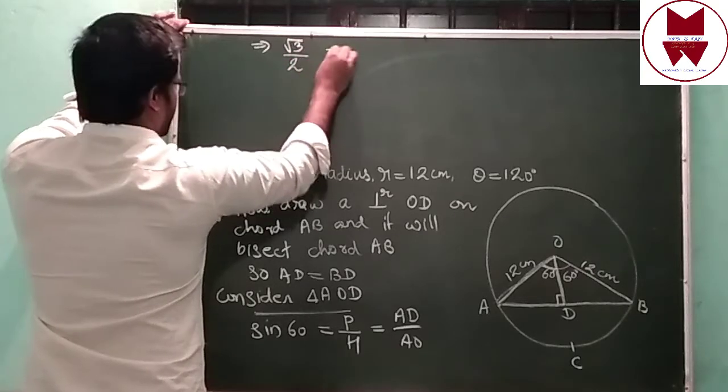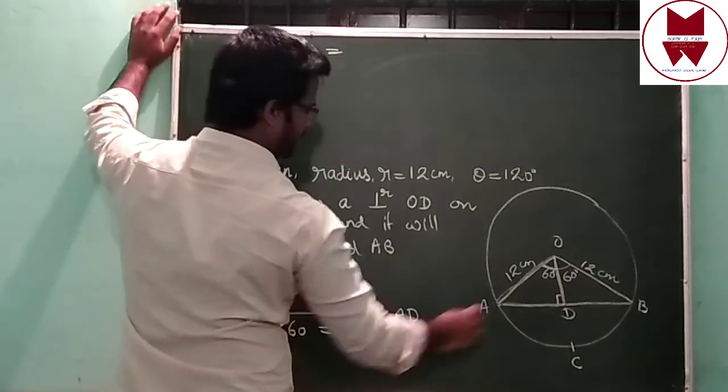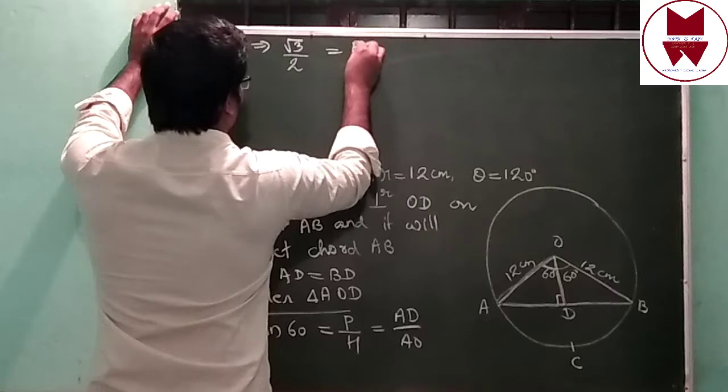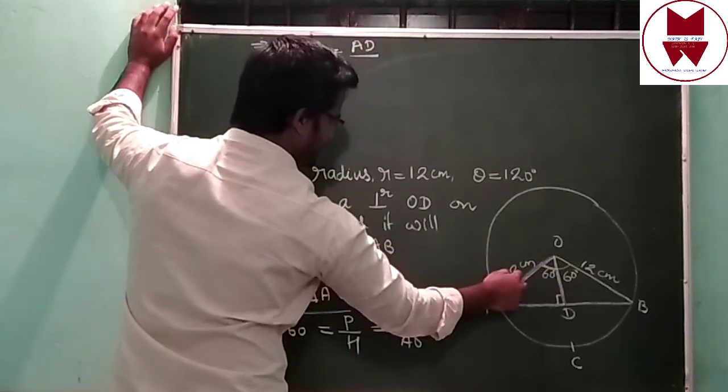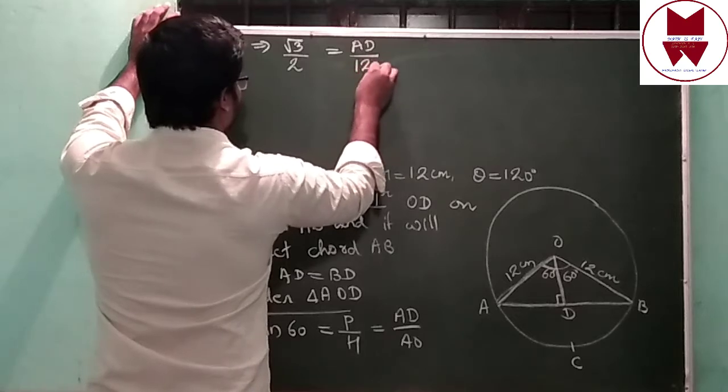So sine 60 equals AD, which we have to find out, divided by AO. AO is 12 centimeter.